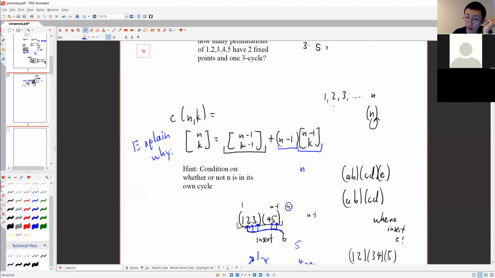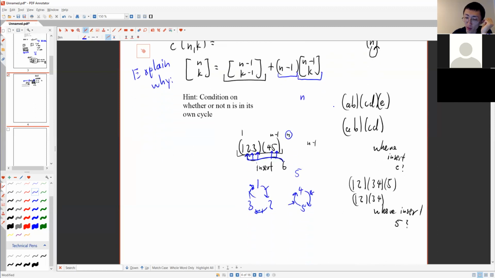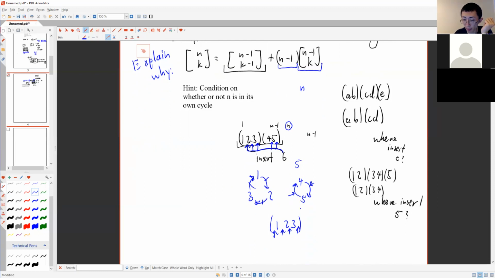Right. So notice here, with the permutation notation, you might think there are 4 ways to insert the 6, right? But 2 of those are the same. Which 2 are the same?